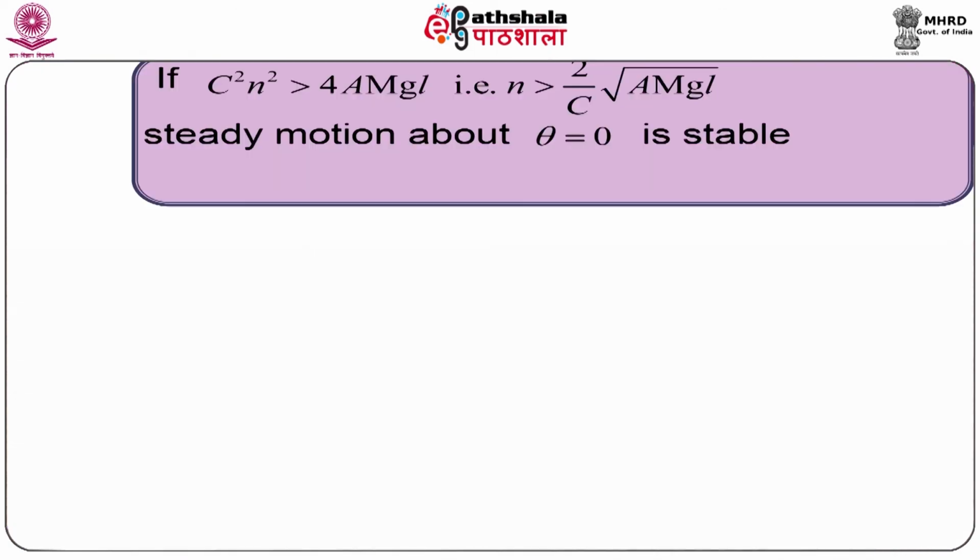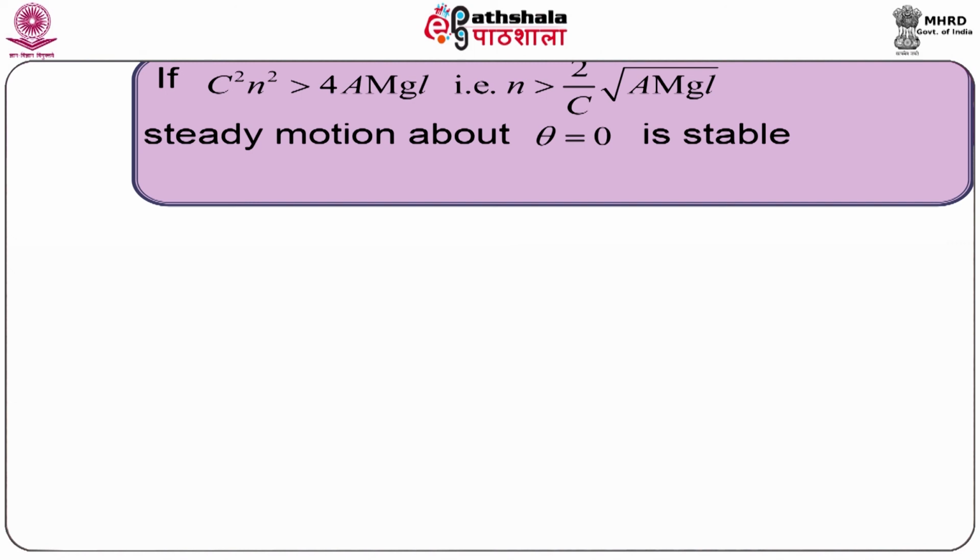Now, what happens if C square n square becomes greater than 4 into A into M into g into L? That is, if n becomes greater than 2 divided by C into square root of A into M into g into L. Small g is the acceleration due to gravity, capital M is the mass.